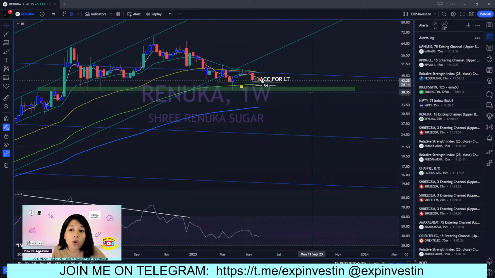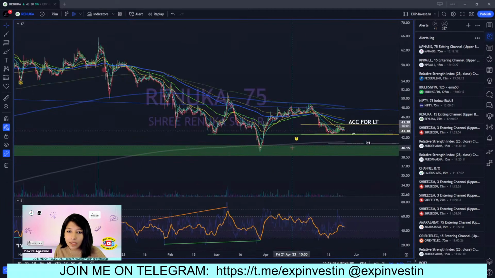Now the stop loss would obviously lie just below this accumulation zone, which would be at the level of 38.35. So at the current market price of 43.3 and a stop loss of around 38, a position with a target of 65, 66 would not be out of limits, right?